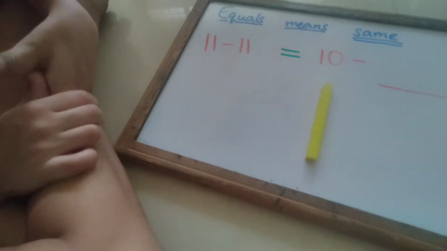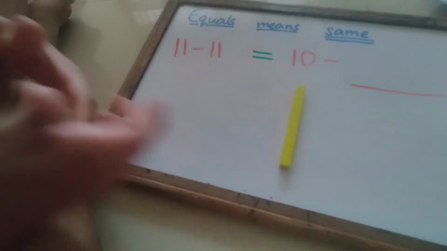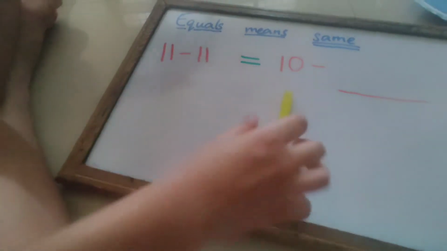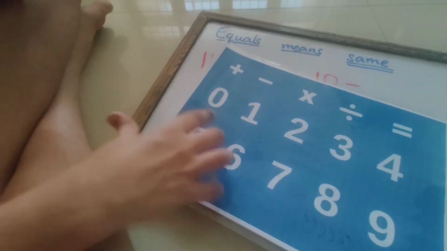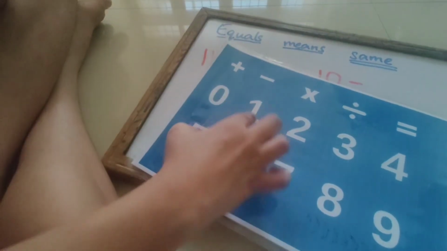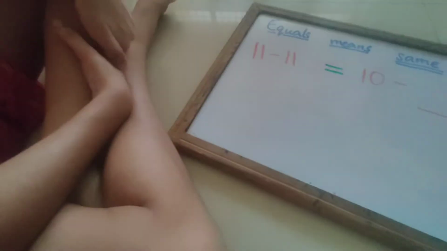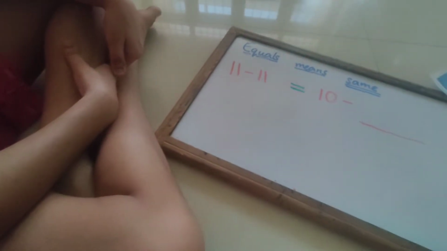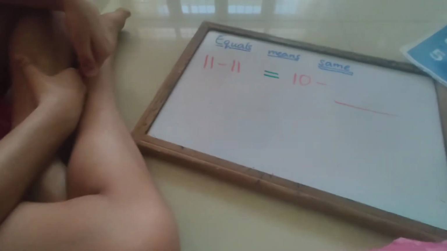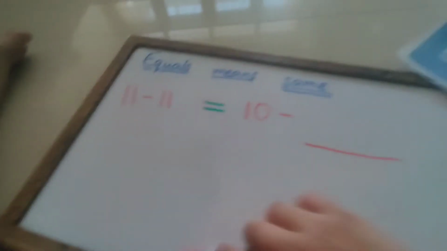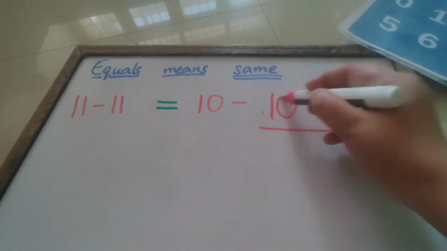So what should I do to make it 0? Take away 10. Okay. How much did you take away? 10. So 11 minus 11 is the same as 10 minus 10.